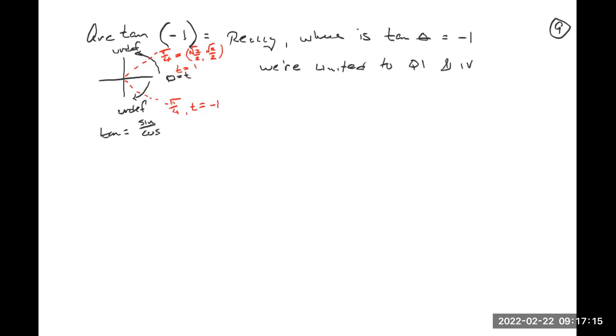So this tangent 1 comes up a lot. Okay, so you need to know that that's pi over 4 or negative pi over 4. We answered just like we answered for arc sine.